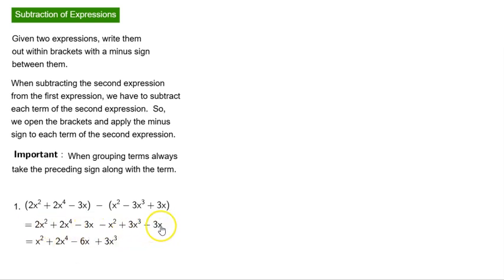Minus 3x minus 3x, so minus 6x. Plus 3x cube. And don't forget to write it in the descending order of the power of the variable. So 2 times x to the power of 4 plus 3x cube plus x square minus 6x.